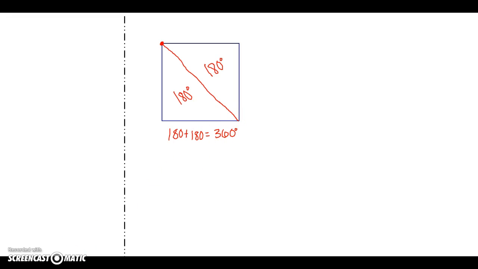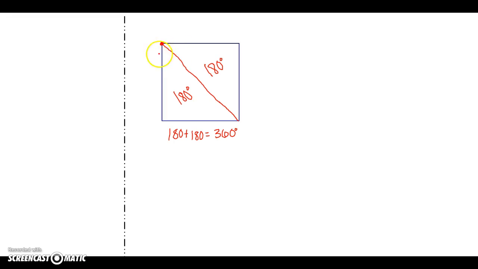So actually what that means is that inside every four-sided figure, the four angles, this angle plus this angle plus this whole angle plus this angle, is going to add up to 360 degrees.